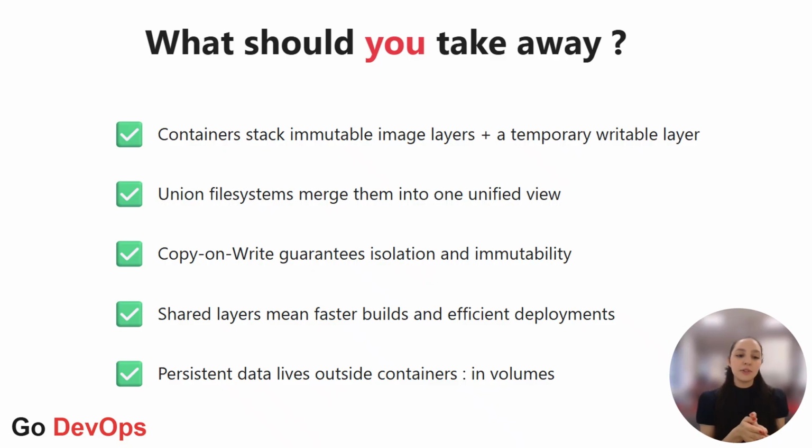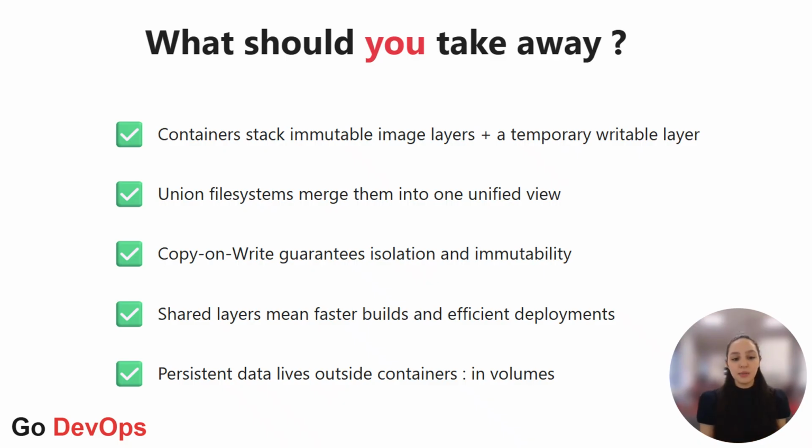All these layers are merged through a union file system, which makes the container see them as a single unified environment, and that's what allows it to run just like a normal system. But of course, it's going to be lighter, faster, and fully isolated.